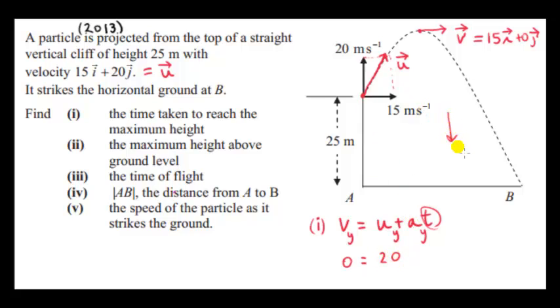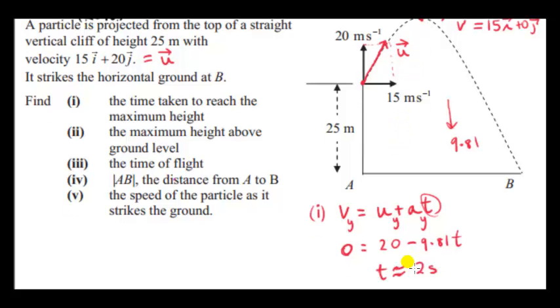Ay is vertically down, magnitude 9.81. And t is the time when the velocity in the y direction is 0, so it's the time for the particle to reach the maximum height. So t is roughly 20 divided by 10, which is 2 seconds.